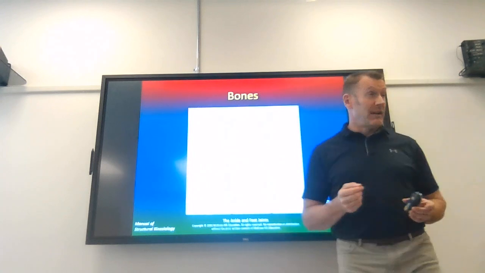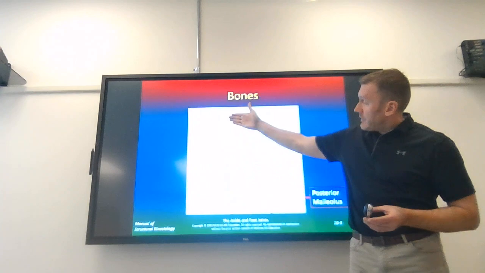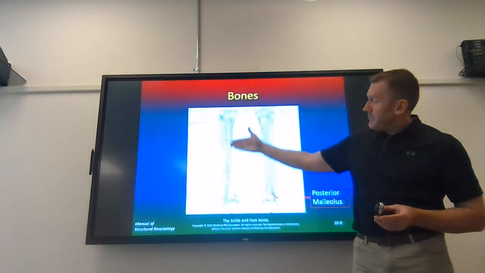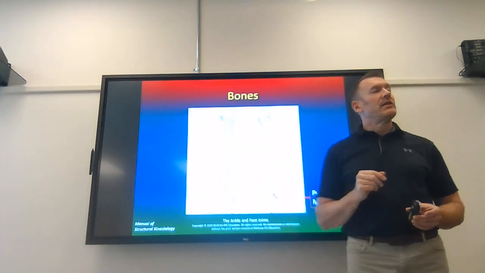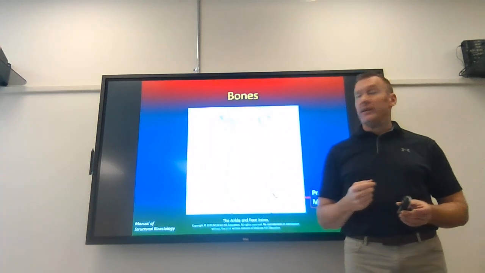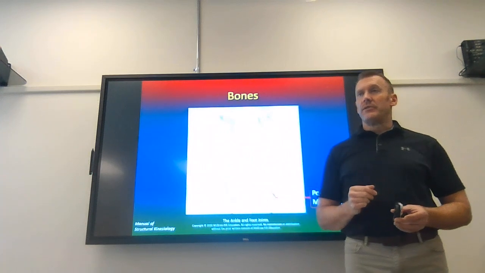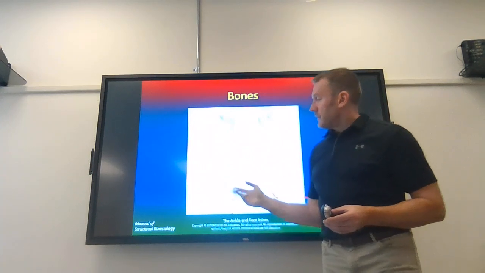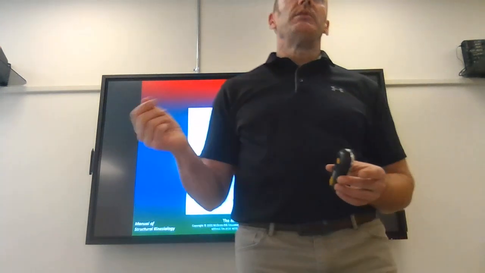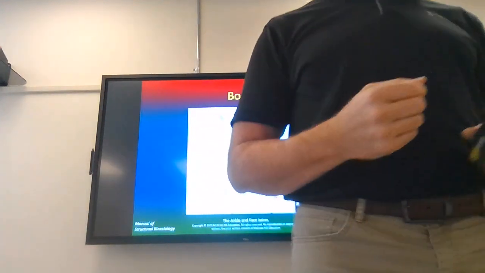Notice that a lot like the ulna and the radius, there's this interosseous membrane. So interosseous means between bones. So interosseous membrane that stabilizes this articulation. So for the distal tibiofibular joint, there has to be a little bit of laxity.